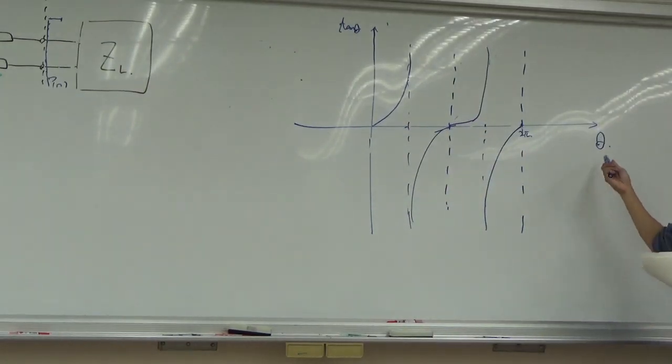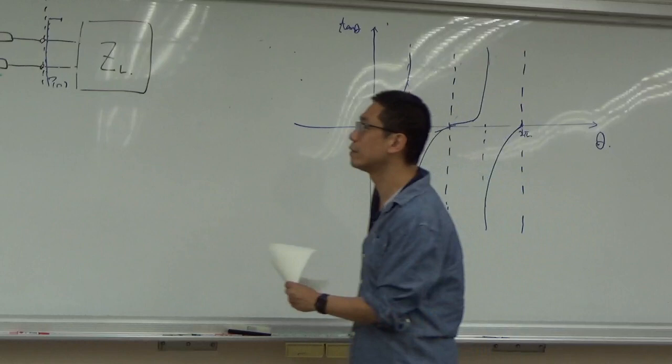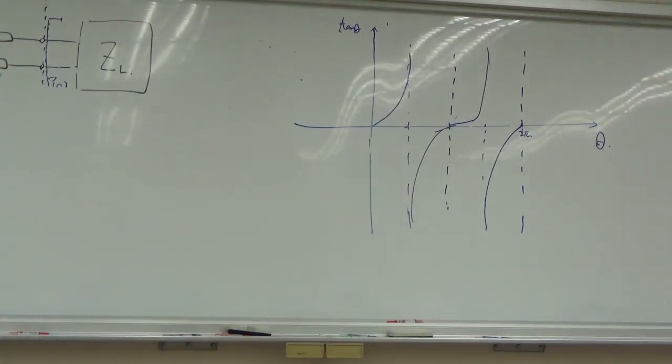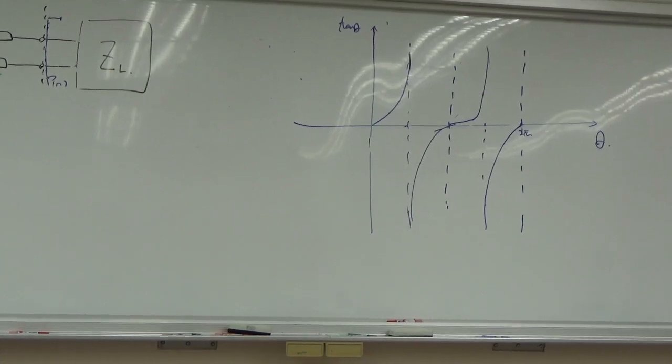Okay, you guys know this picture, right? About tangent theta. Why are we talking about tangent theta? Because I have tangent theta here and here. I need to know about tangent theta, and then I can understand how my input impedance is changing.